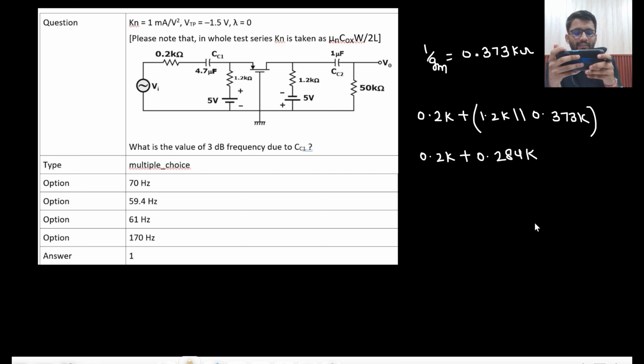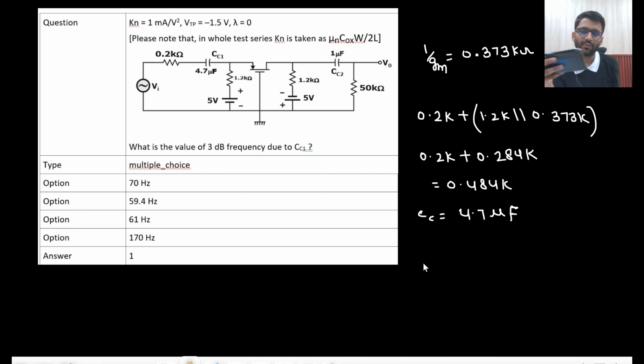Plus 0.2, that is 0.484 kilo ohm. The total capacitance is 4.7 microfarad. They are asking for the frequency, not omega 3 dB.